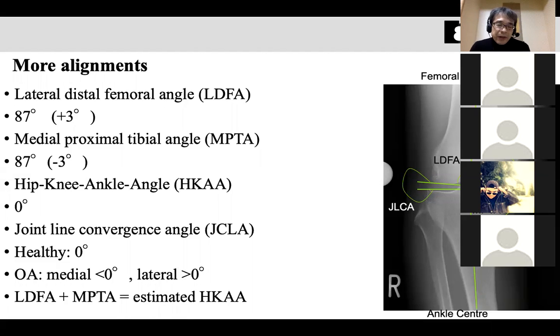It is quite difficult to calculate on the short film like this. Another one is the medial proximal tibial angle, MPTA. Those are approximately 3 degrees, varus in MPTA and valgus in LDFA.